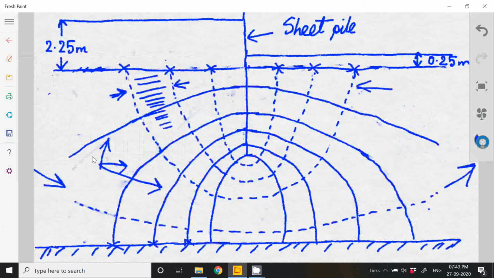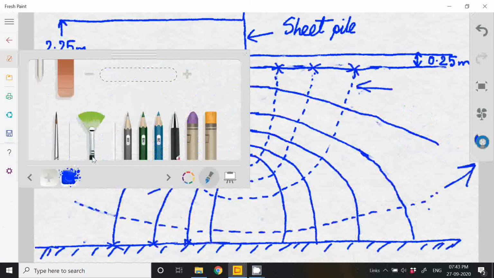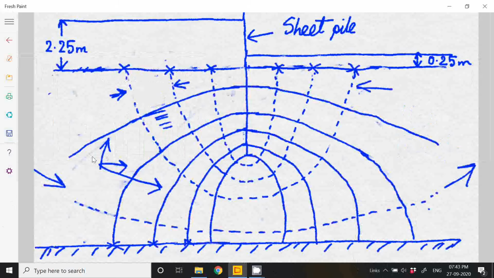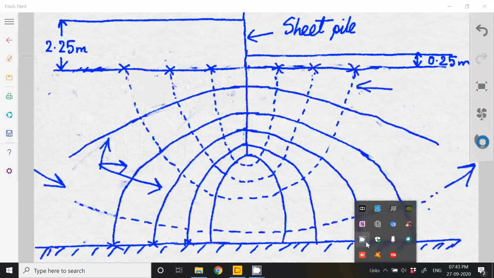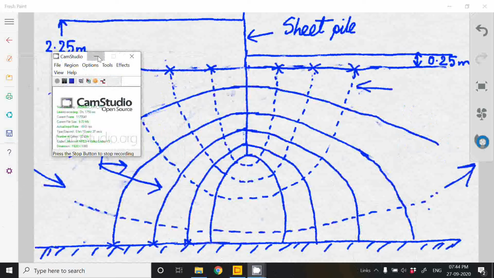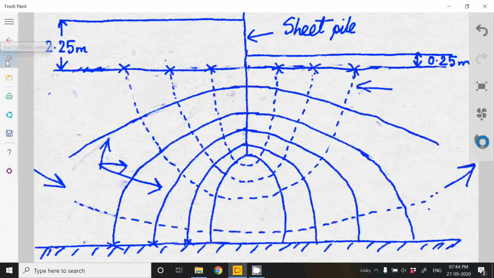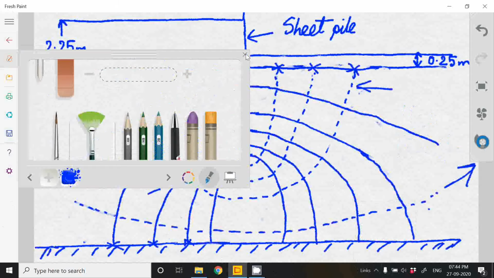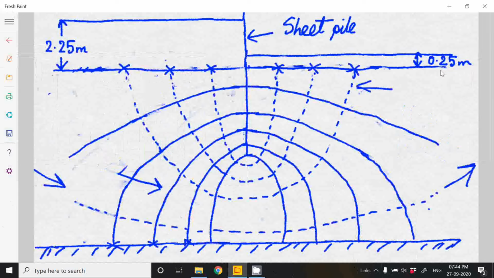So between any two flow lines, whatever path is there is generally called the flow path. Please try to get yourself very comfortable with this diagram. Flow path is also called a flow channel. So names are different, but the meaning is the same. It is the space between any two flow lines.